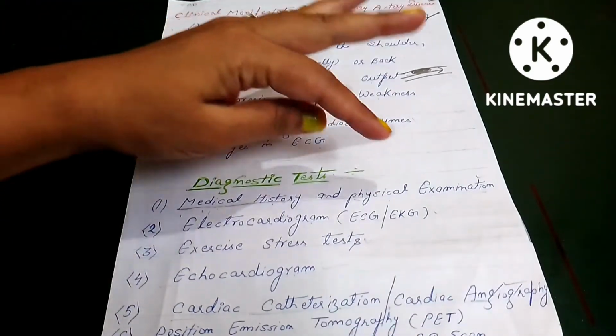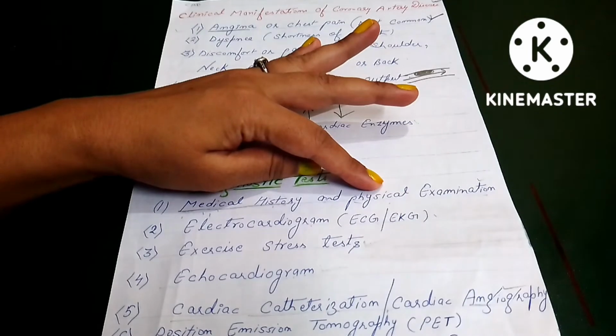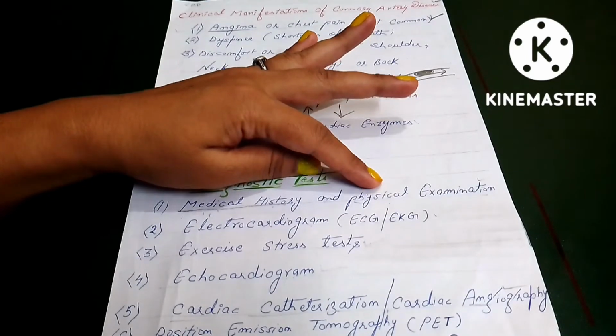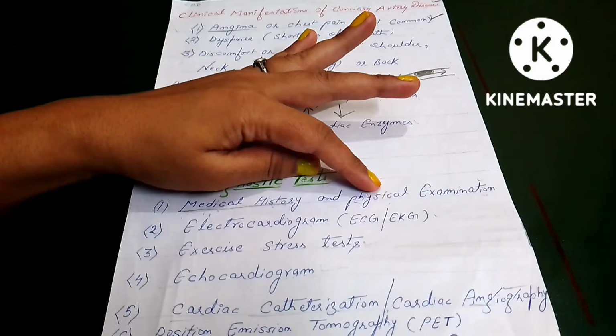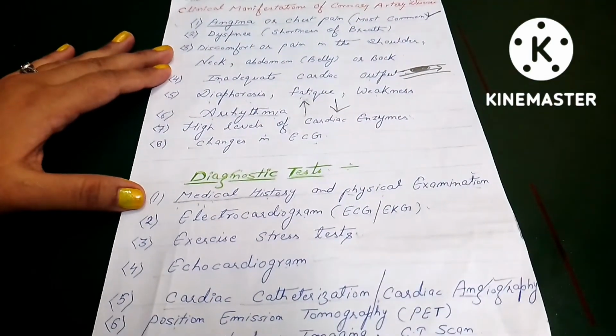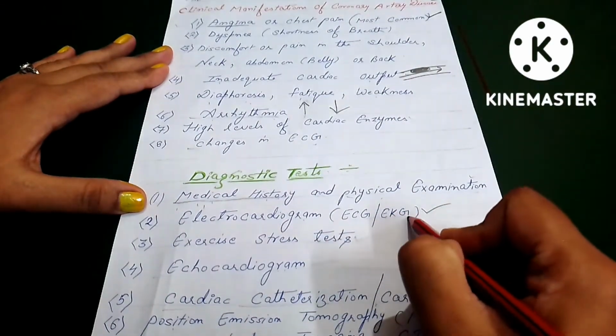In the physical examination, your doctor might check your pulse rate, heart rate, rhythm, how you respirate, and through a stethoscope placed on your chest, through auscultation. So mainly in the physical examination, he will check you from head to toe. Next test is the electrocardiogram, which can be called EKG.